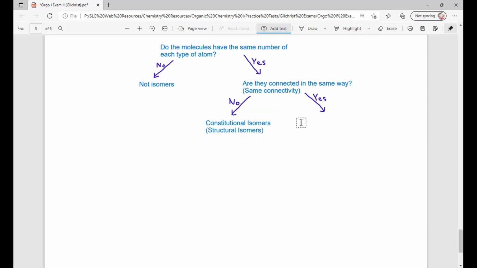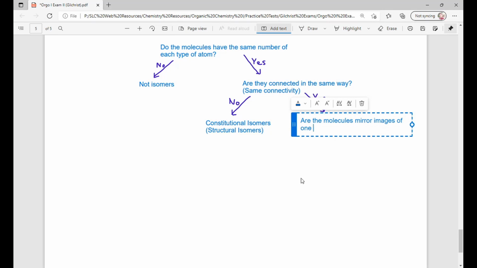If the answer is yes, then we have to ask ourselves, are the molecules mirror images of one another?